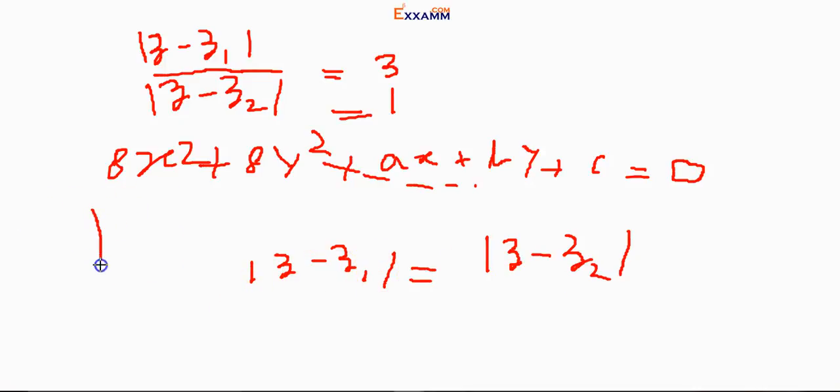So in that particular case, suppose this is z1, this is z2, and z is equidistant, so that this distance is equal to this.